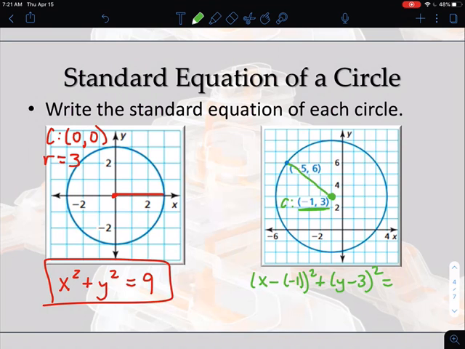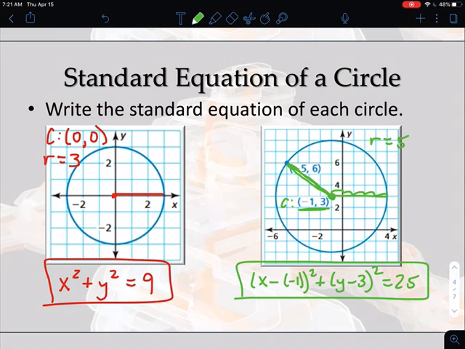They gave us a point here, so I could use the distance formula from -5, 6 to -1, 3 to get my radius. But we just said the radius is the same no matter which direction I go. So if I head straight to the right, I can count 1, 2, 3, 4, 5 units, so my radius is 5. 5 squared is 25, and here's the equation of my circle.